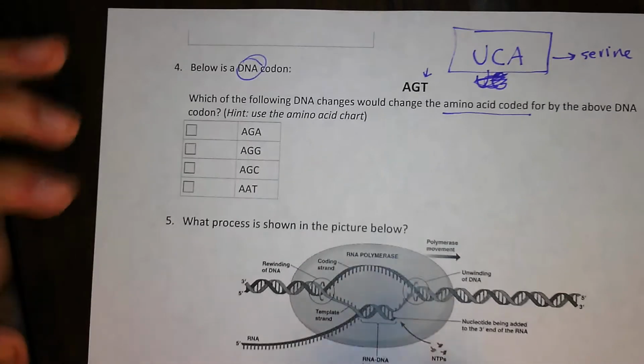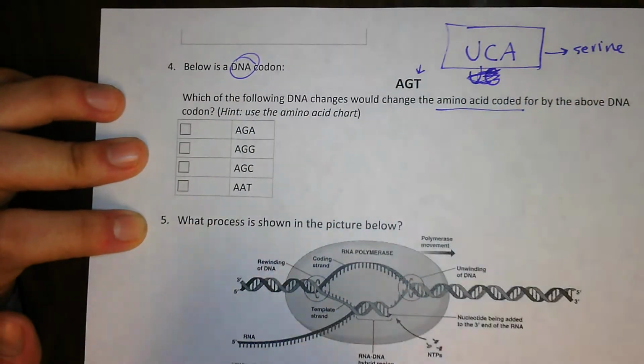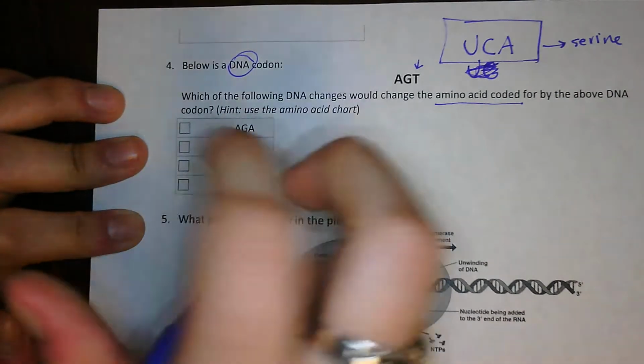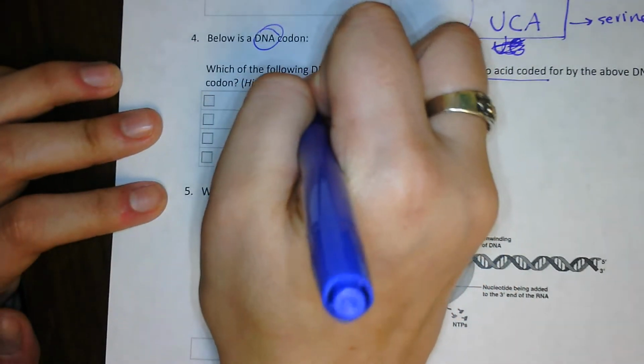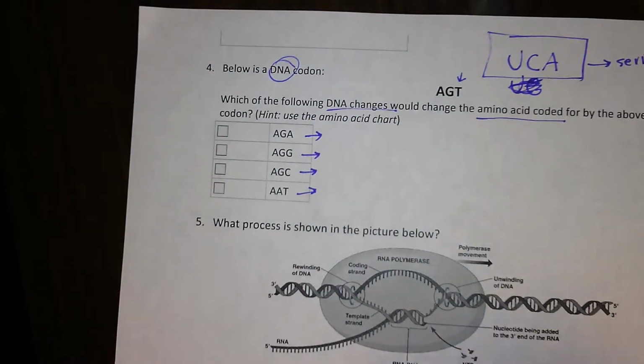So I need to find one that would change the serine to something else. So all of these are DNA, right? So it tells me that these are DNA changes. So I need to change each one of these into RNA and then use my chart to figure out which amino acid they code for.